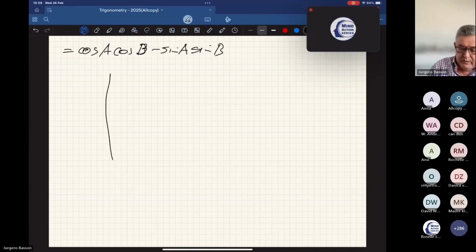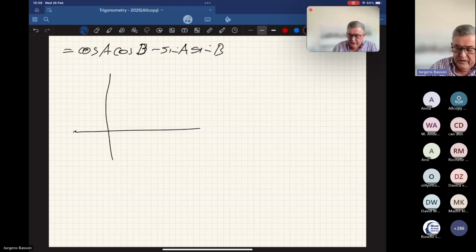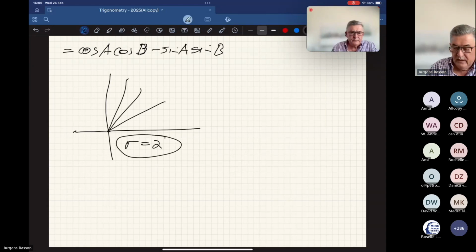Yes. Okay. If I quickly do that drawing again, that was 30, 45, and 60. You'll remember I wrote down your R is 2 because we work in a circle. So your radius is 2 for 30, for 45, as well as for 60.